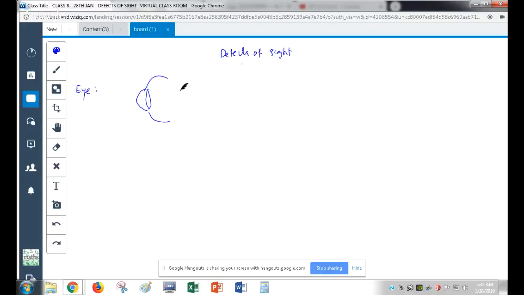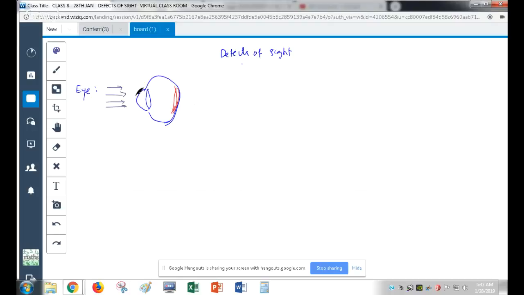Here the retina will be there, and this is the eye structure, let us say. At this part, the retina will be there, this red color one. Now here our main thing is the light rays from an object.